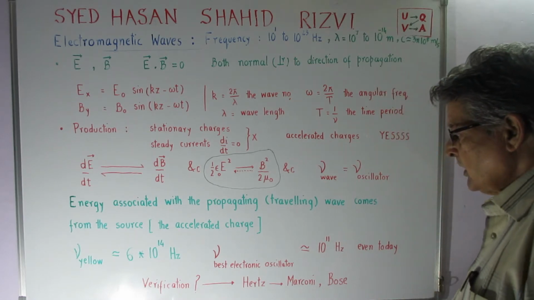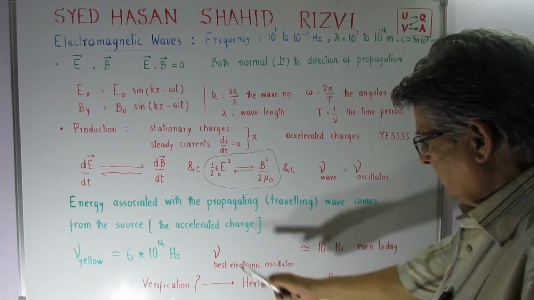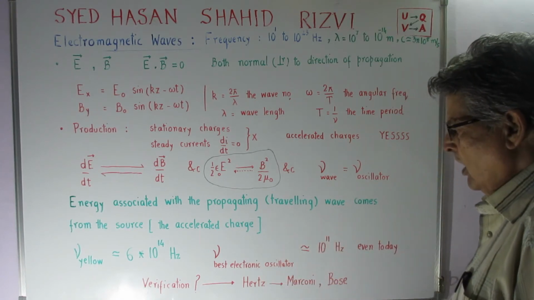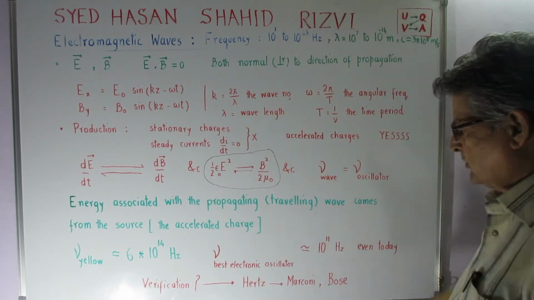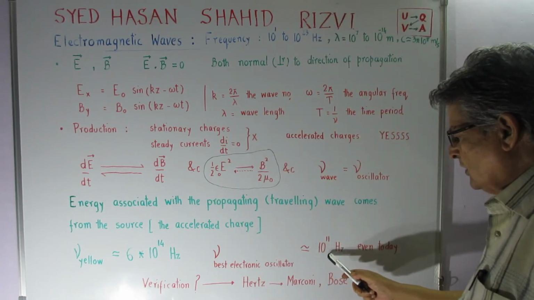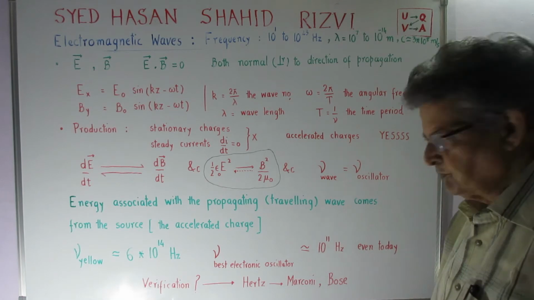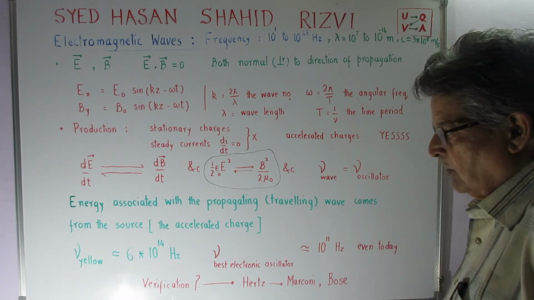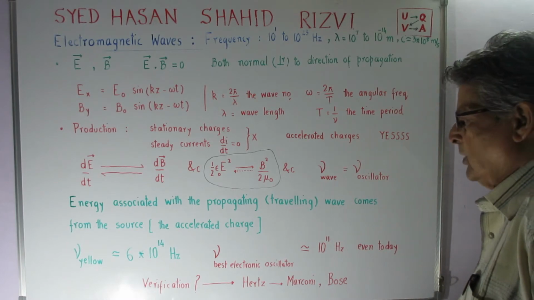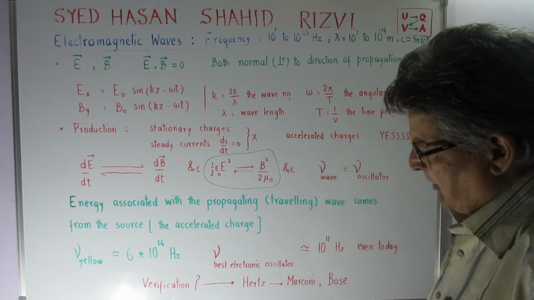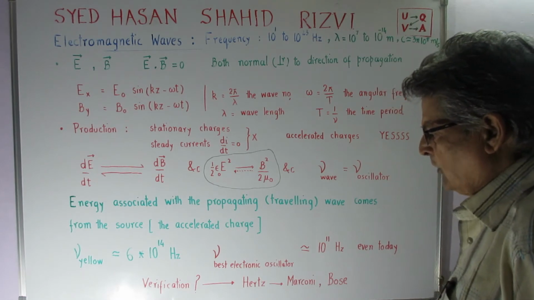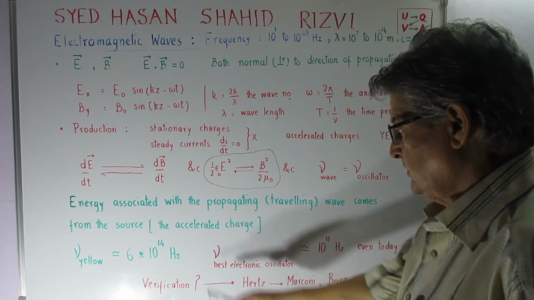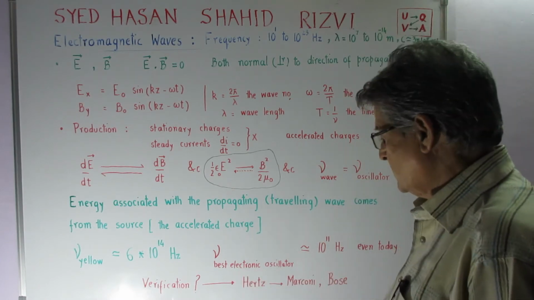Because even today the best electronic oscillators that are available, with all the progress in electronics, are only of the order of 10 to the power 11 Hertz, which is very low compared to this, even for the yellow frequency. Its wavelength is in the range of about 6,000 nanometers as far as the wavelength is concerned.